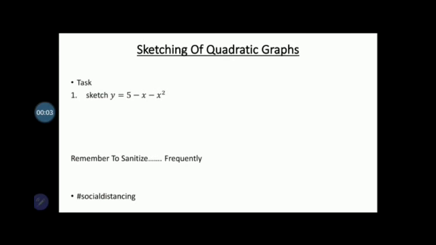So I have a task for you here as well. Try and sketch this quadratic function. So what you have is y is equal to 5 minus x squared. To begin with, let's rearrange them so that you can pick out your a correctly.